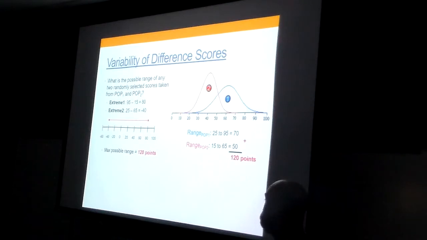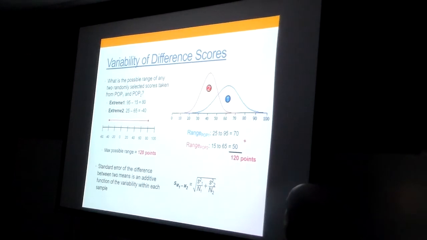So basically what this is saying is any two randomly selected scores from this distribution, at most, I could say that population 1 is 80 points above population 2, or I could say alternatively that population 2 is 40 points above population 1, right? And so adding these together, we see the complete range of differences that can be drawn.